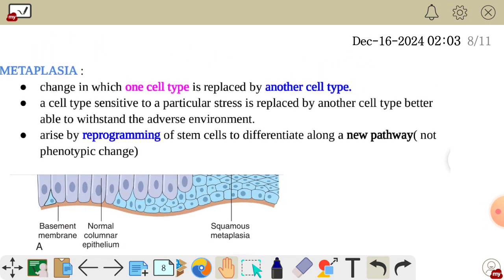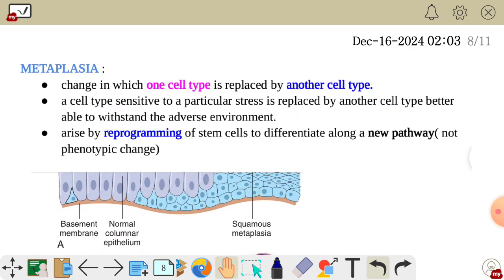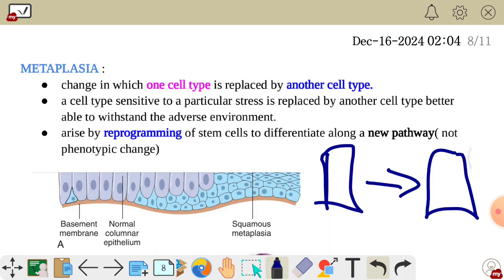This replacement is not a phenotypic change of already differentiated cells, but rather the stem cells themselves are reprogrammed to differentiate along a new pathway. A columnar stem cell should differentiate and form columnar cells.